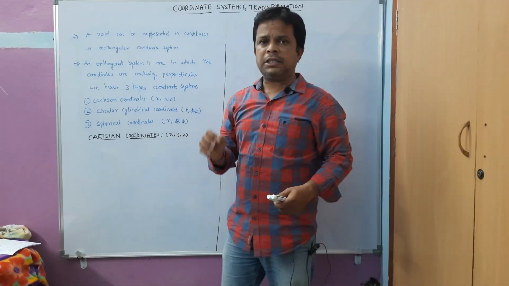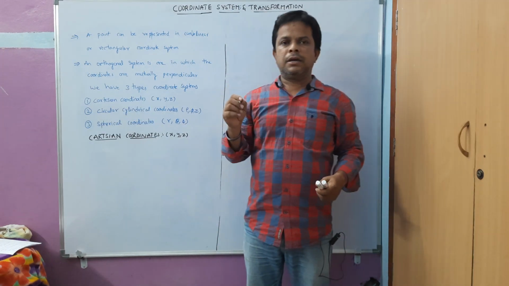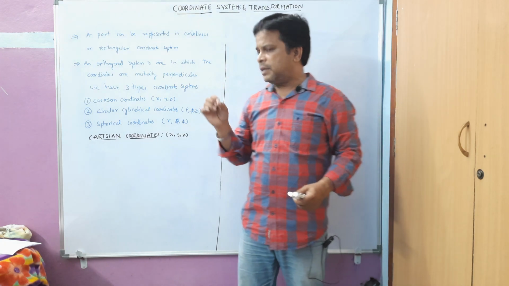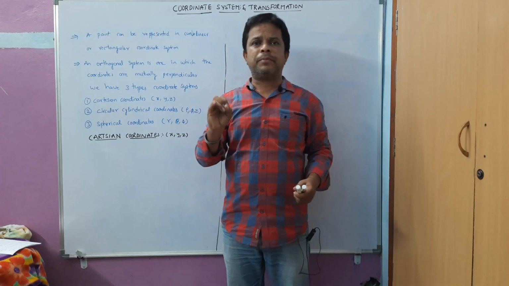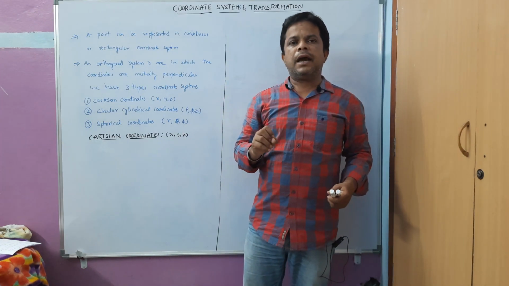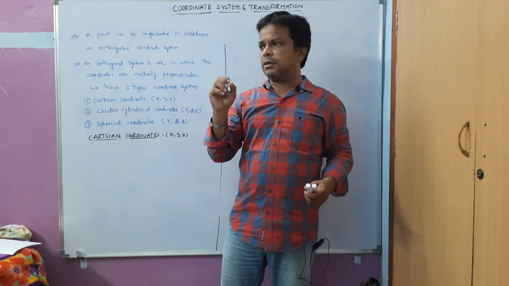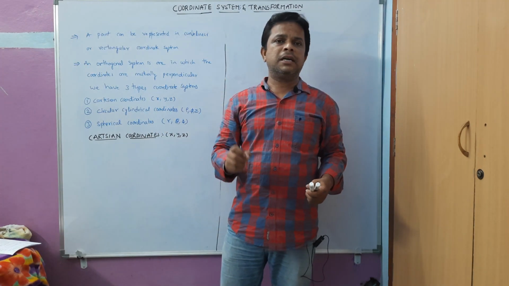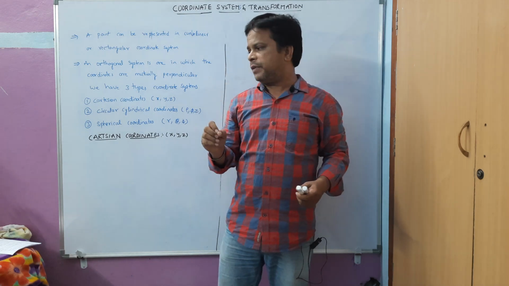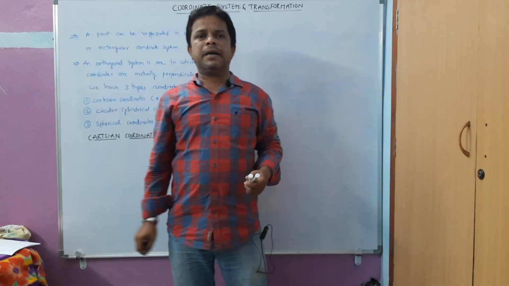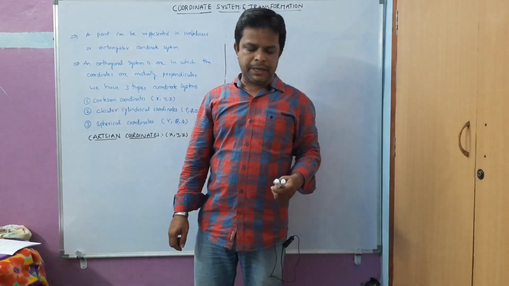In every coordinate system we have to see some important points: first, how we are going to represent a vector, how we are going to visualize it, what the unit vectors and components are, and what the magnitude of a given vector A is.